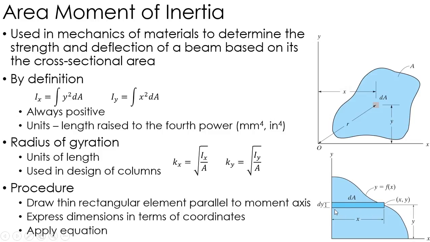After I've got that parallel rectangle, I write the dimensions in terms of my coordinates. It's got a differential thickness dy and a width of x going from 0 to here, so I can write dA as x dy. Once I have that, I plug what I know about dA into whichever equation I am using based on the axis that I'm interested in. That's how you calculate the area moment of inertia through calculus.